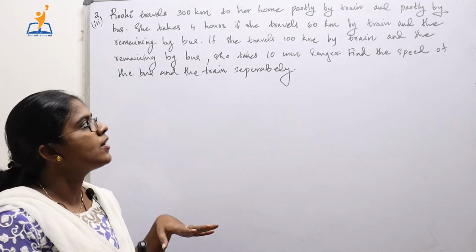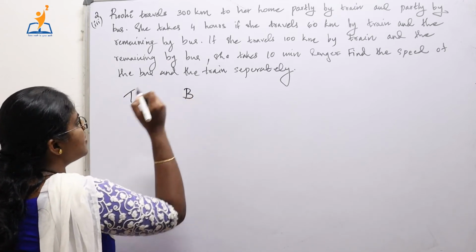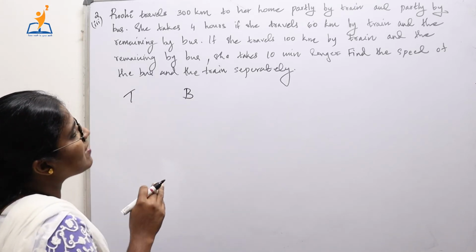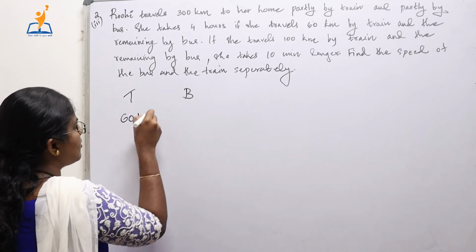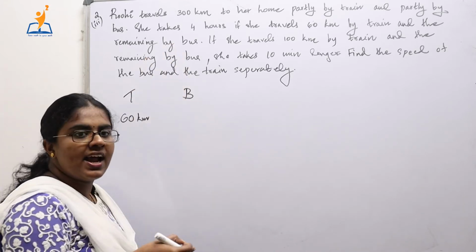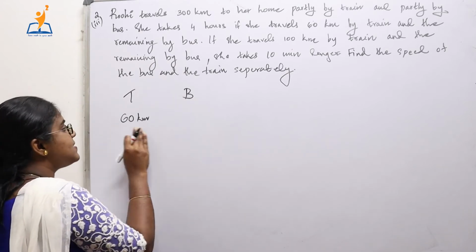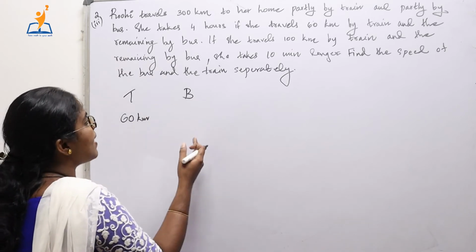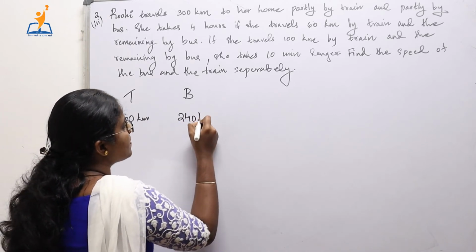Ruhi travels to her home partly by train and bus. She takes 4 hours if she travels 60 kilometers by train and the remaining by bus. A total of 300 kilometers she has to travel, and from that, 60 kilometers by train and the remaining by bus, which means the remaining distance is 300 minus 60, that is 240 kilometers.